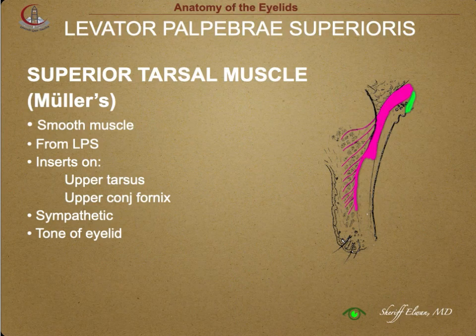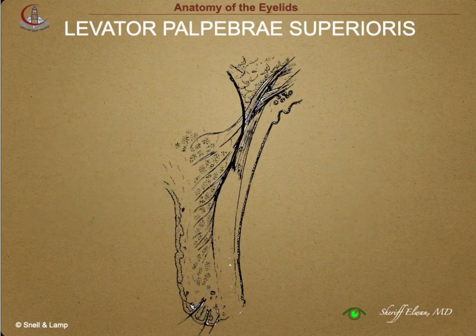Here is the structure of the Müller's muscle in green. It's from the deeper fibers into the conjunctival fornix and the tarsus.